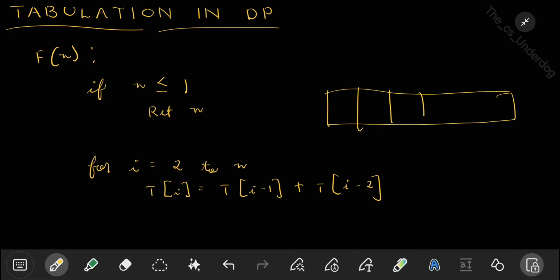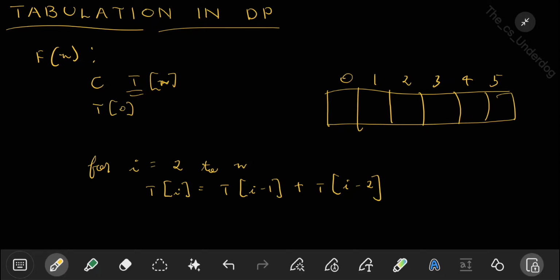So this will have all the values from 0, 1, 2, 3, 4, 5 and so on. Initially you will create a table having n elements. Totally there will be n elements. After that, you will say t of 0 is fixed as 0 and t of 1 is fixed as 1.